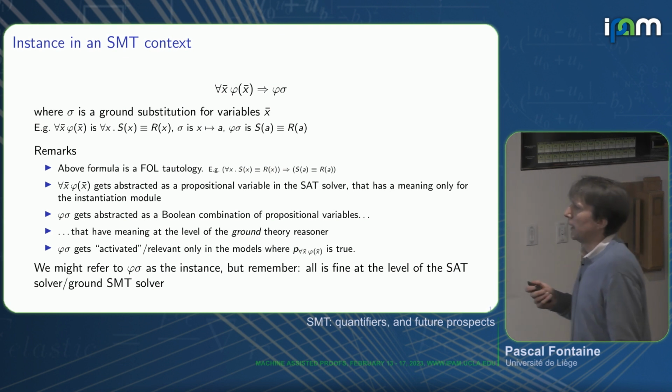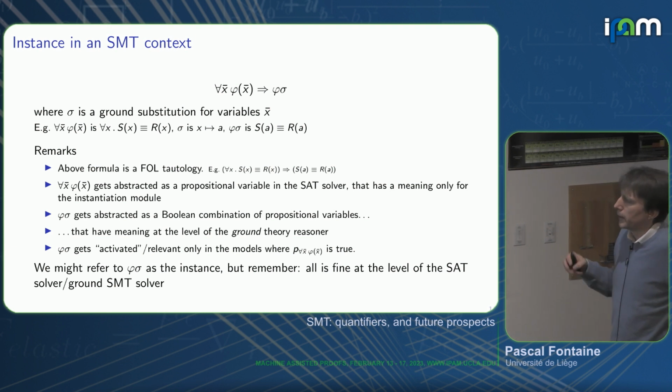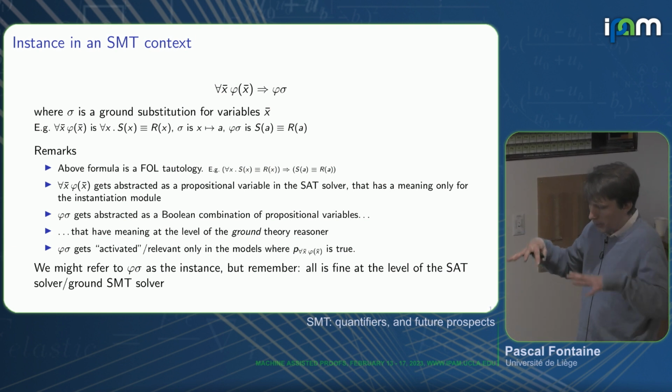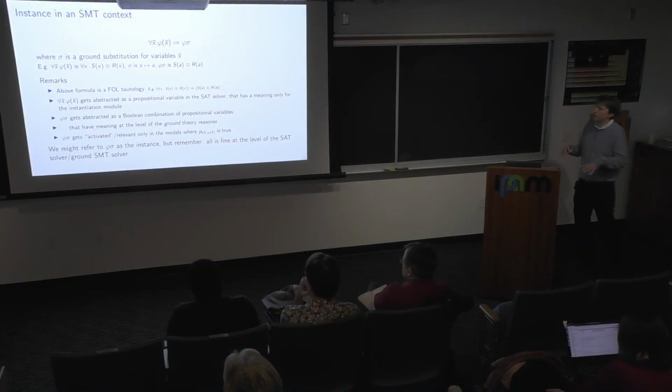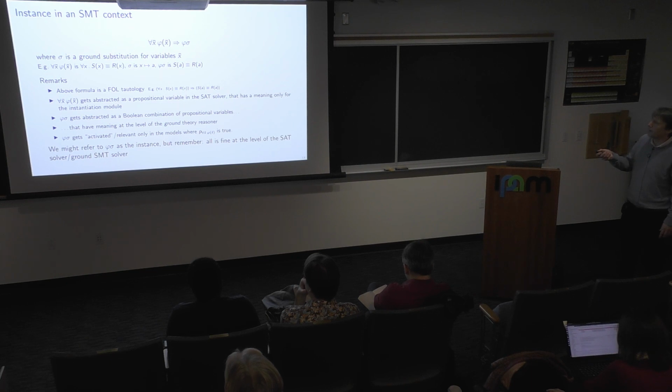So again, this works by abstractions and refinements. This quantified formula eventually becomes abstracted as a propositional variable in the SAT solver. This part also gets abstracted as a Boolean combination of propositional variables.